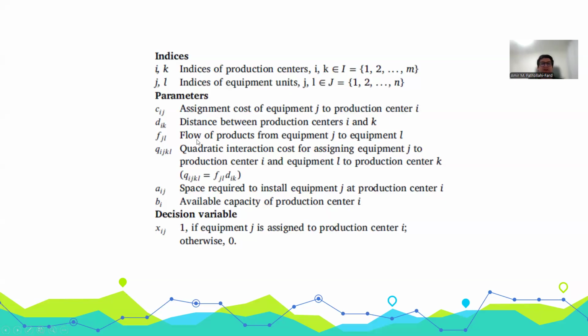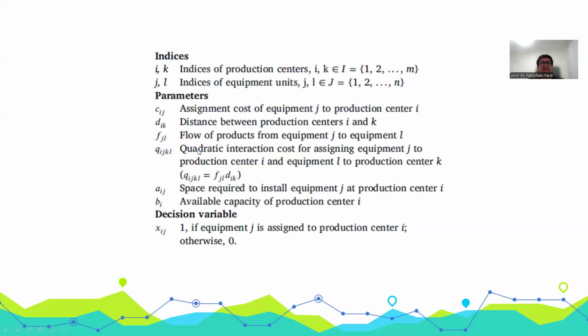And we have a flow that shows how each equipment has a relation with another equipment. So the equipments are linked, and there is a flow between the equipments.